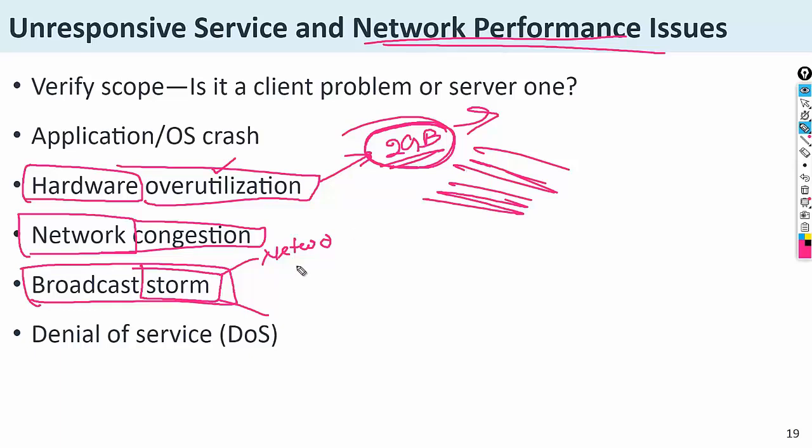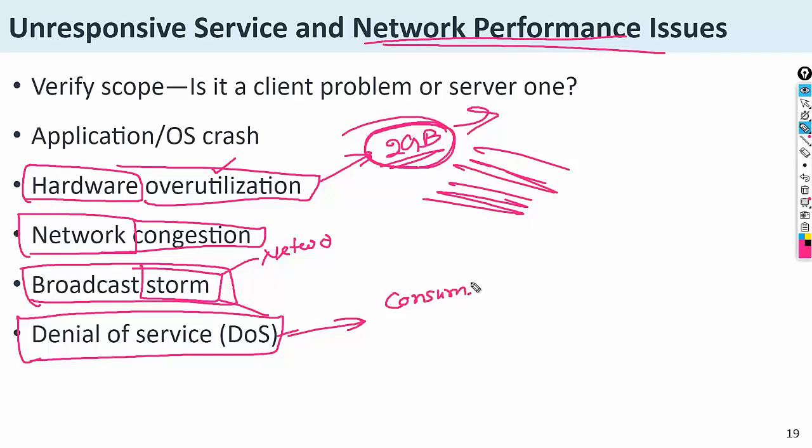And if a DoS attack happens inside a network, simply put, a DoS attack is a type of attack which consumes your bandwidth. It consumes all the bandwidth. Why?